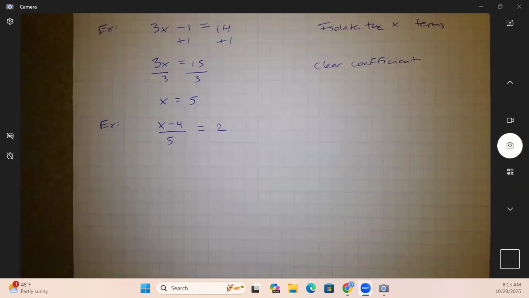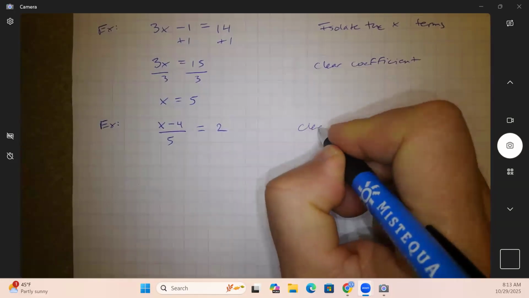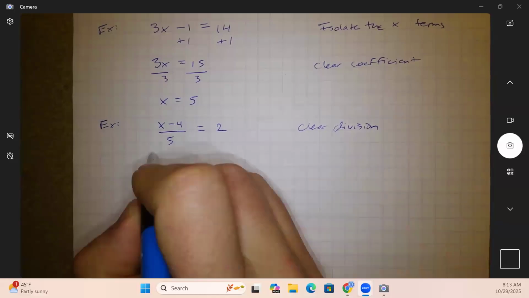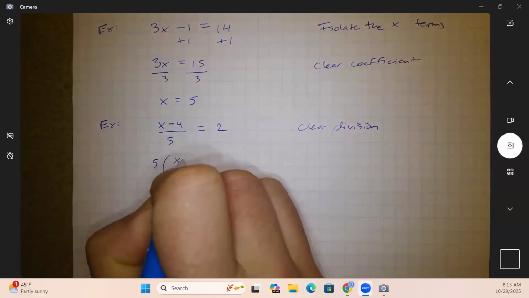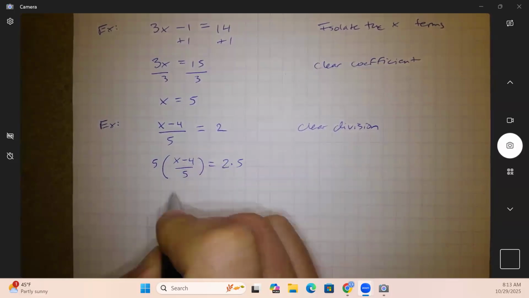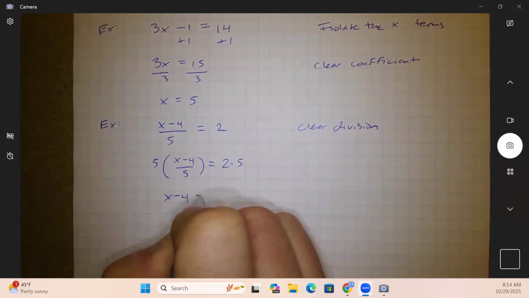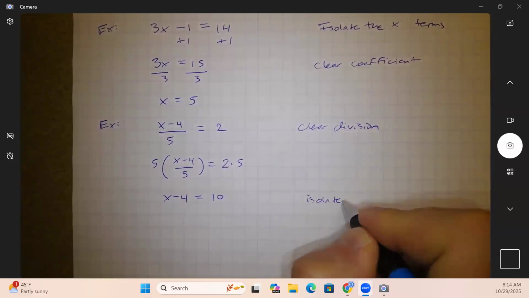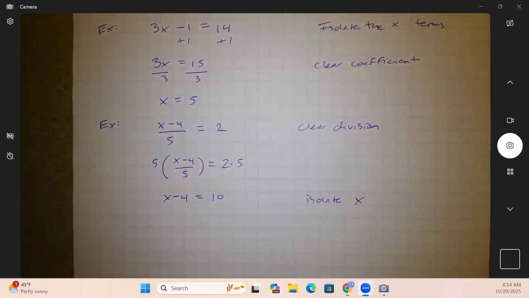And in this case, let's clear the division first by multiplying both sides by 5. And that gets me down to x minus 4 equals 10. And now I'll isolate x by adding 4 to both sides, and I get x equals 14.